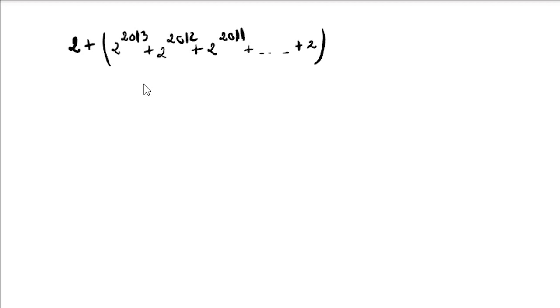And we have 2 plus (2^2013 + 2^2012 + 2^2011 + 2) everything over 4^1008.